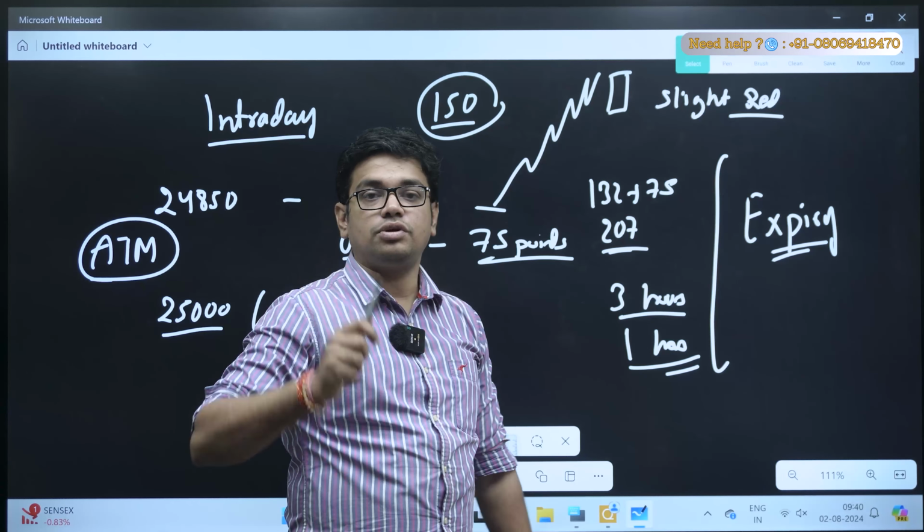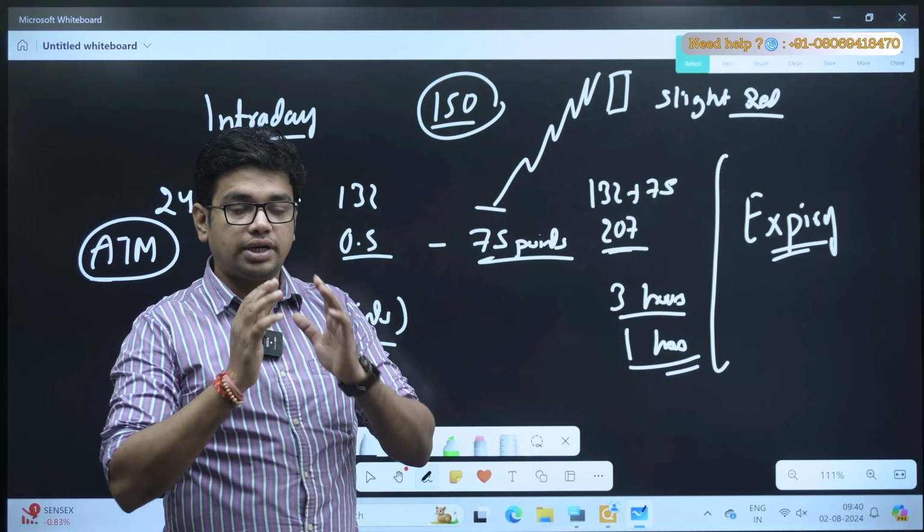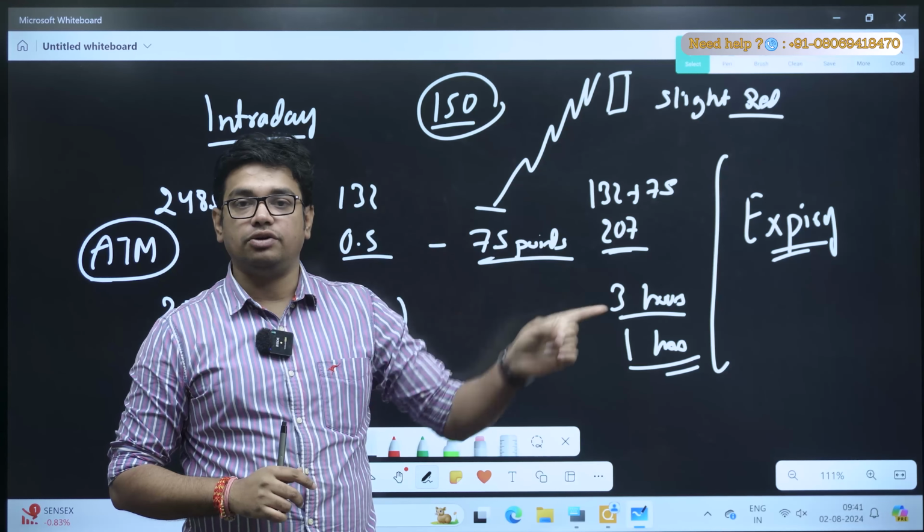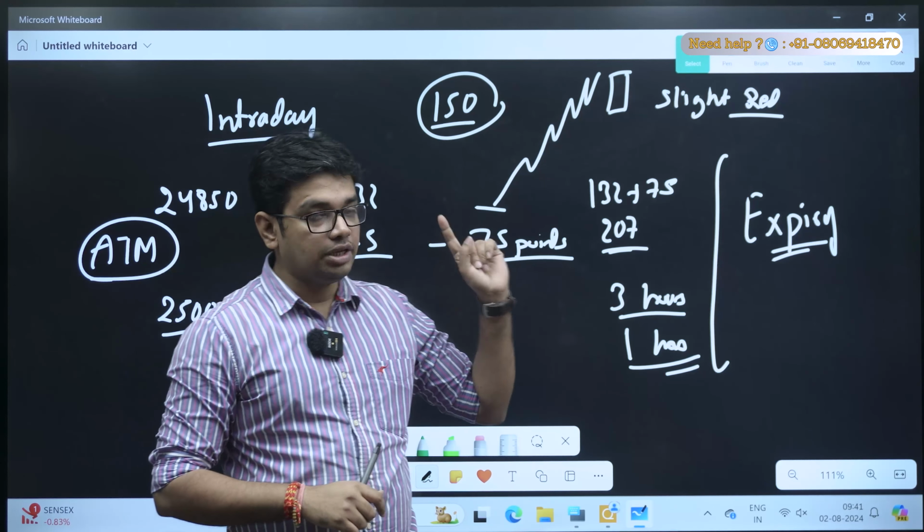So here you have to keep your target fixed, because the price will fluctuate and it will hit your target.